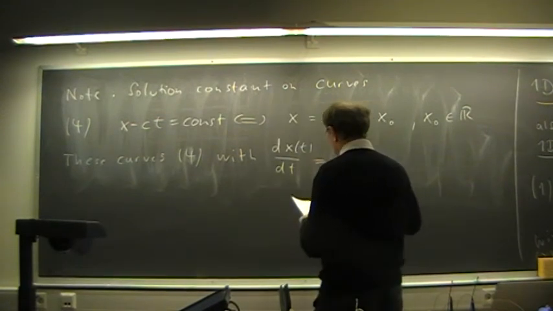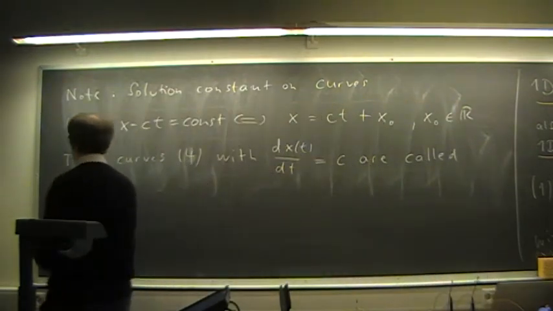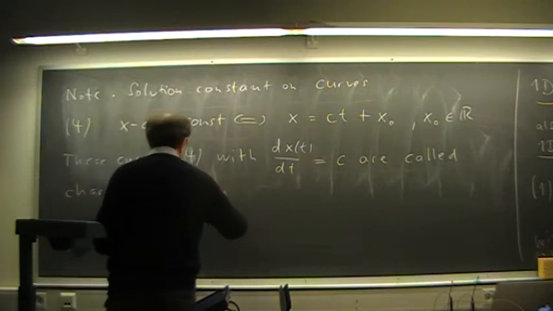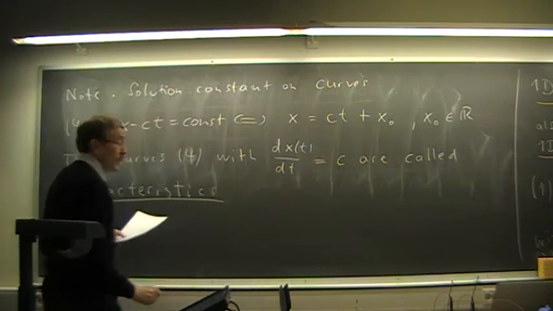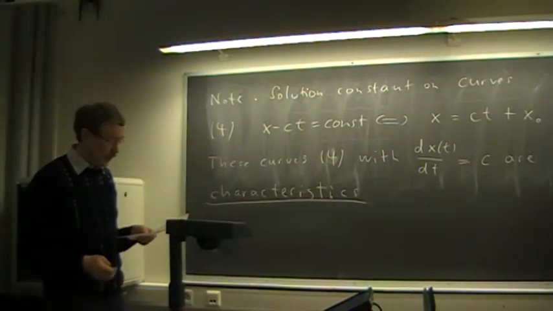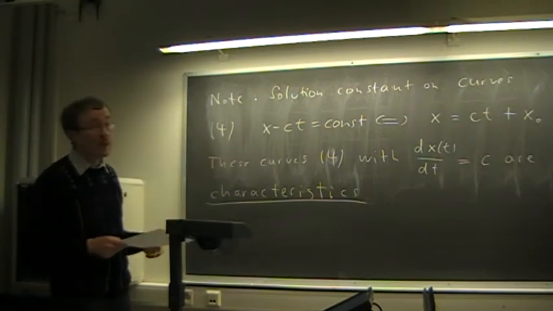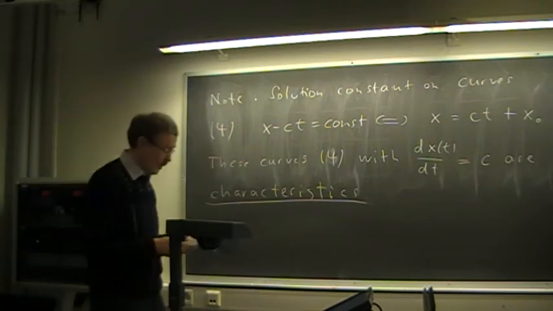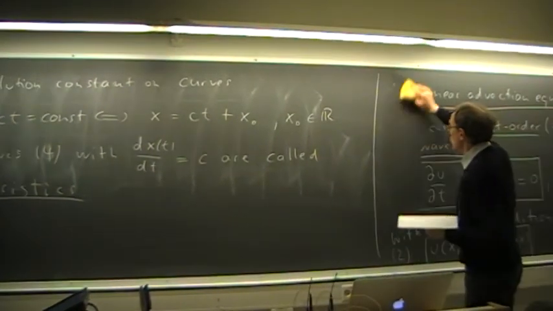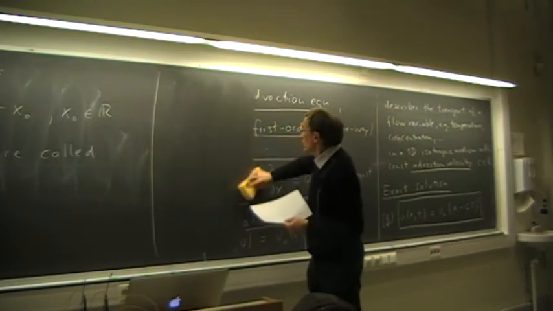And these are called characteristics. They play an essential role in hyperbolic problems. We see here why. On them, in our case, the solution is even constant. So we can now look a little bit more on these characteristics.